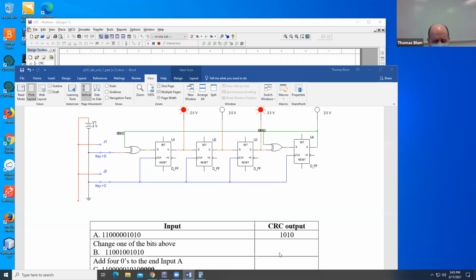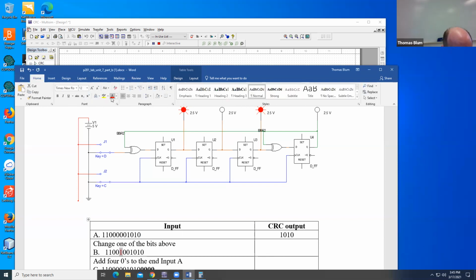And so we've argued that this mistake that we have in B, we purposely made a mistake, purposely got this red one wrong, and I got a different answer here, 0101.